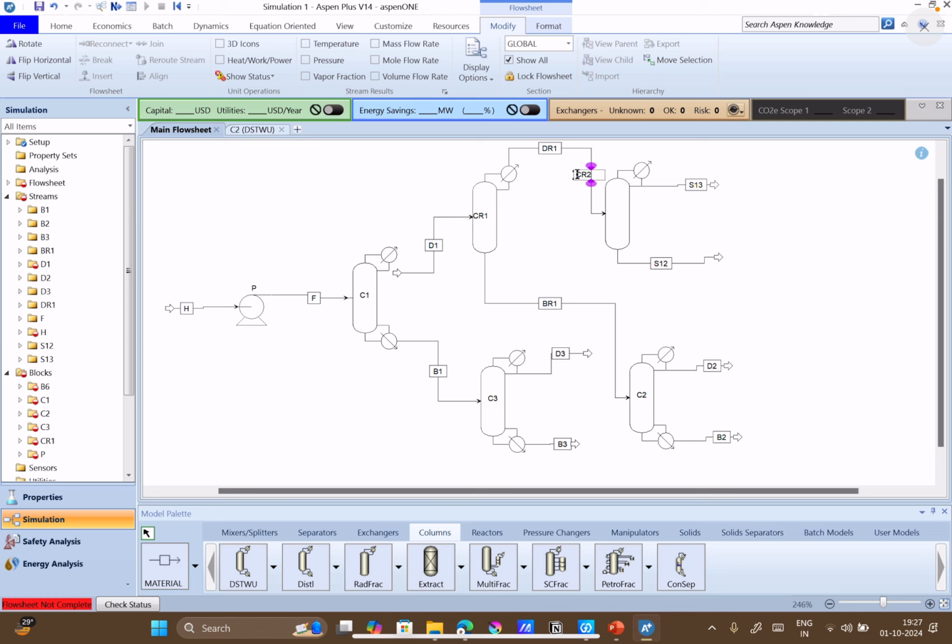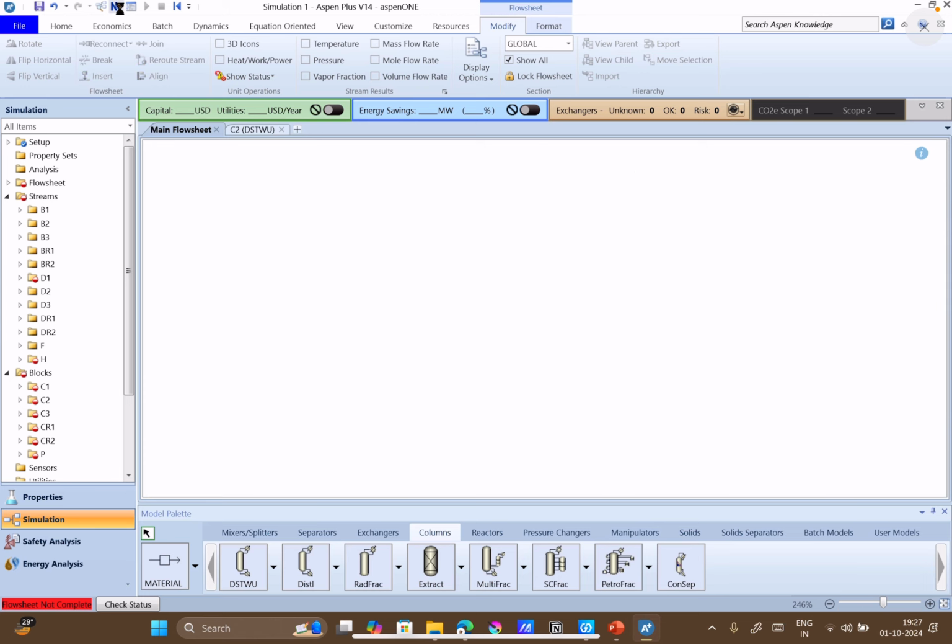CR2, DR2 and so all the connections are provided. Now let's put the input data.